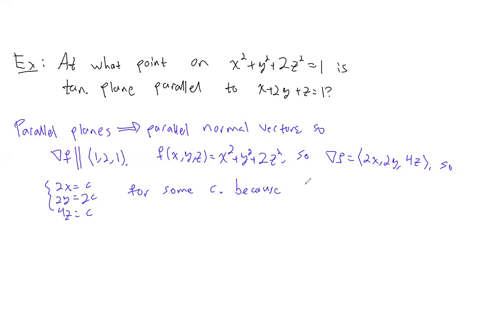Well, what we really want is for these vectors to be parallel, and for vectors to be parallel, they have to be scalar multiples. So 2x, 2y, 4z has to be equal to some constant c times 1, 2, 1, the normal vector for the plane that we were given in the beginning of the problem.